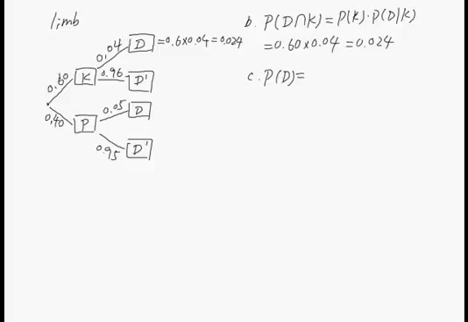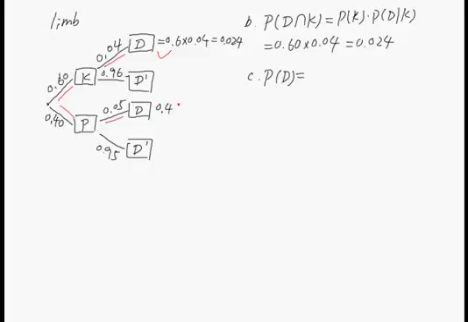So this one from here to here contains D, and this one from here to here contains D. Then to find the probability of D, you follow each name and multiply all those probabilities.